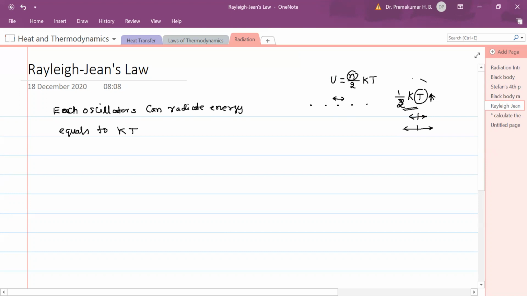Already we have this kT, this is the concept. And how many oscillators will we find per unit volume? Number of oscillators.